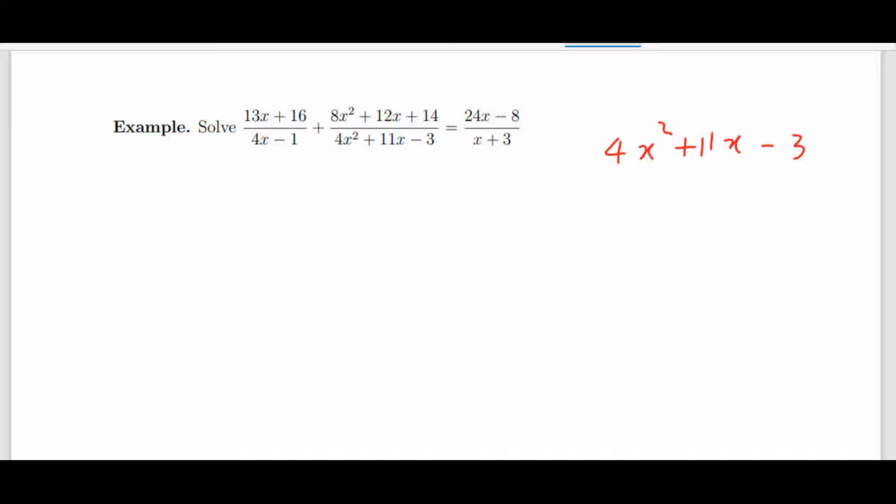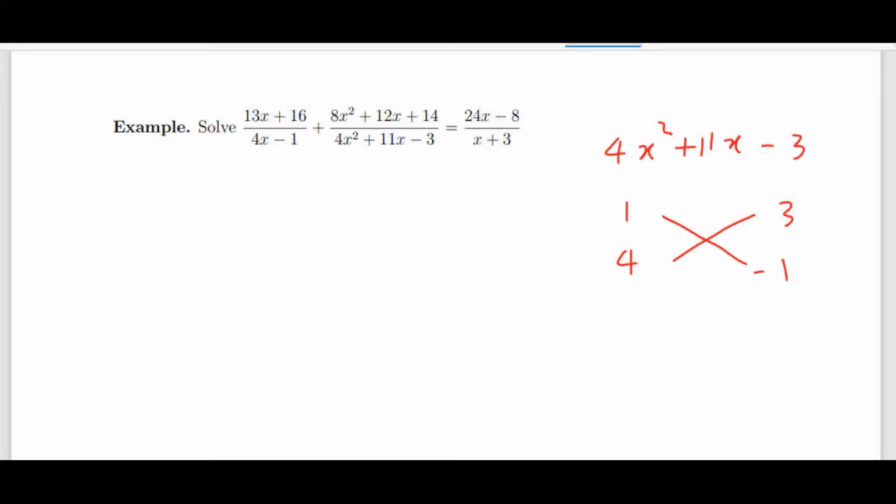To make 11, I think it's 1 and 4, and 3 is just 3 and 1. In this way we can make 11, right? 11 positive, so here positive, here negative. So this means we can factor this as x plus 3 and 4x minus 1.